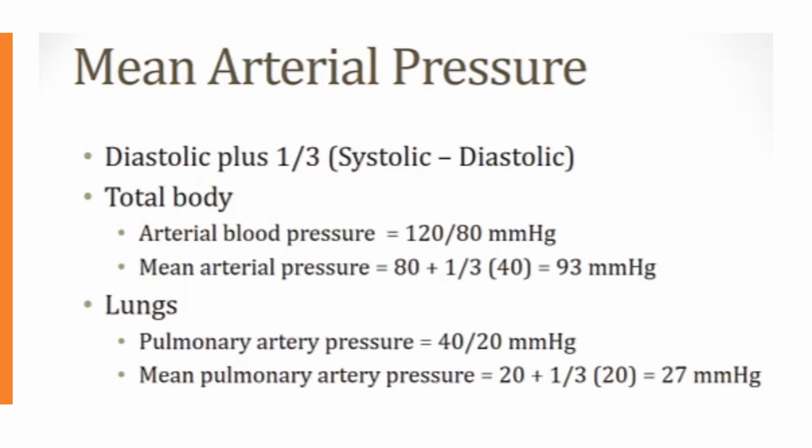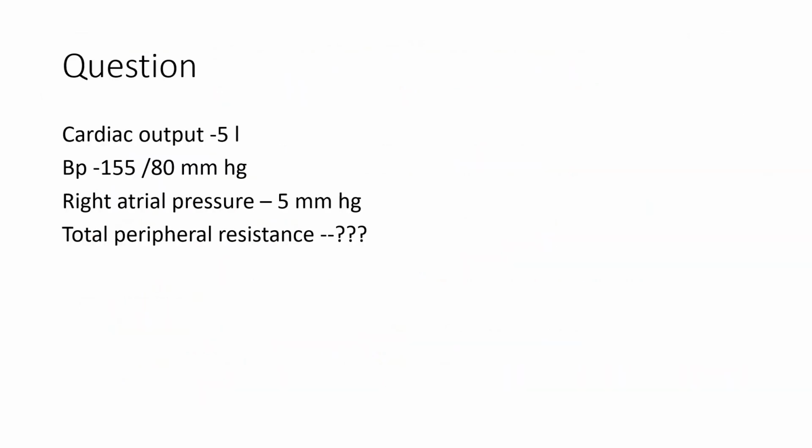And in the lungs, pulmonary artery pressure is 40 by 20 mmHg, and mean arterial pressure will be 20 plus 1 by 3 of 20, which is the pulse pressure, that will be equal to 27 mmHg.